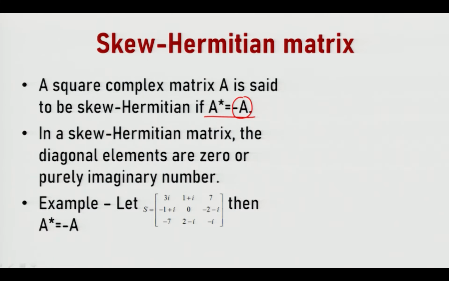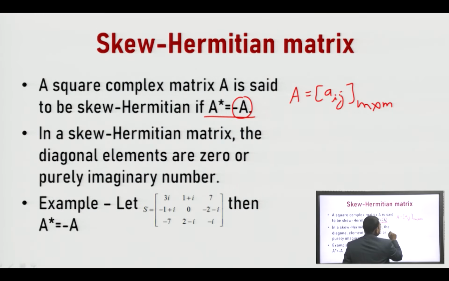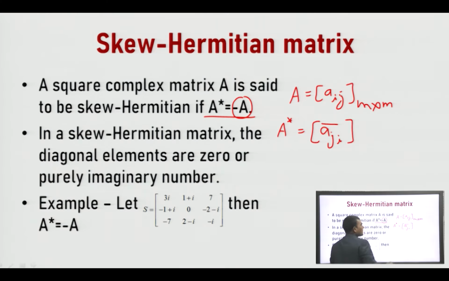number. Yes, you see here, in this case suppose that A is equal to Aij, a square matrix which is a complex matrix, then A star will be Aji, the transpose of its conjugate.